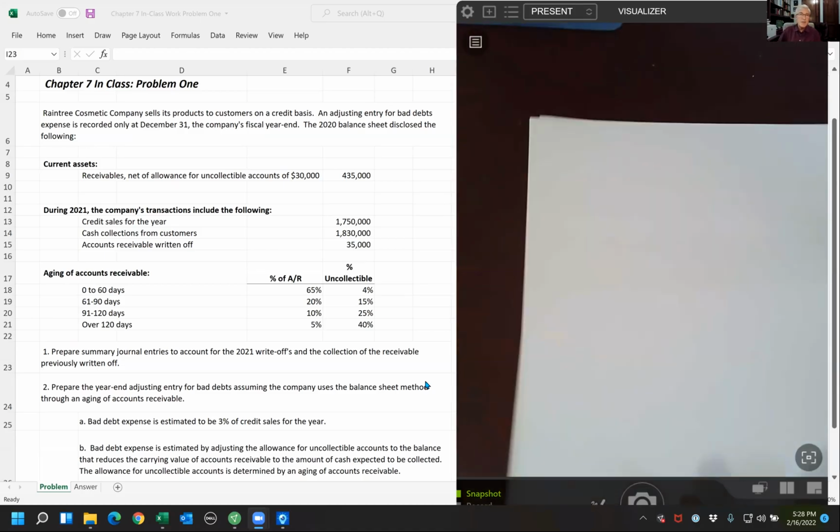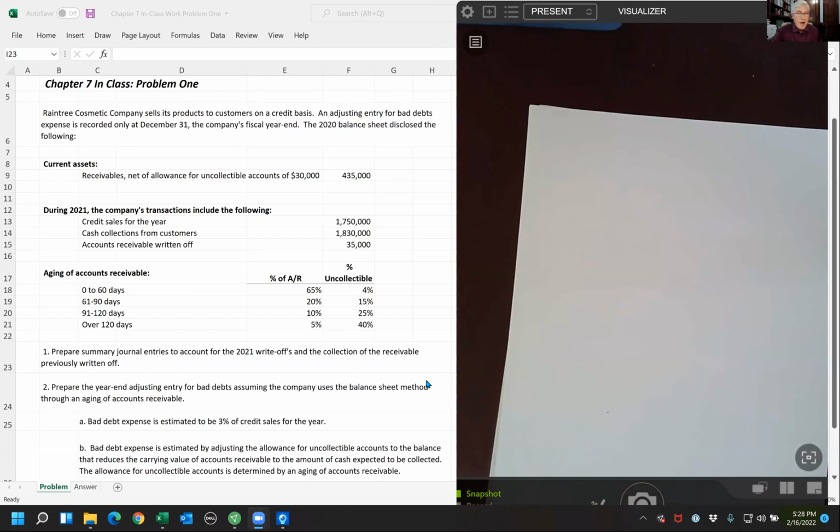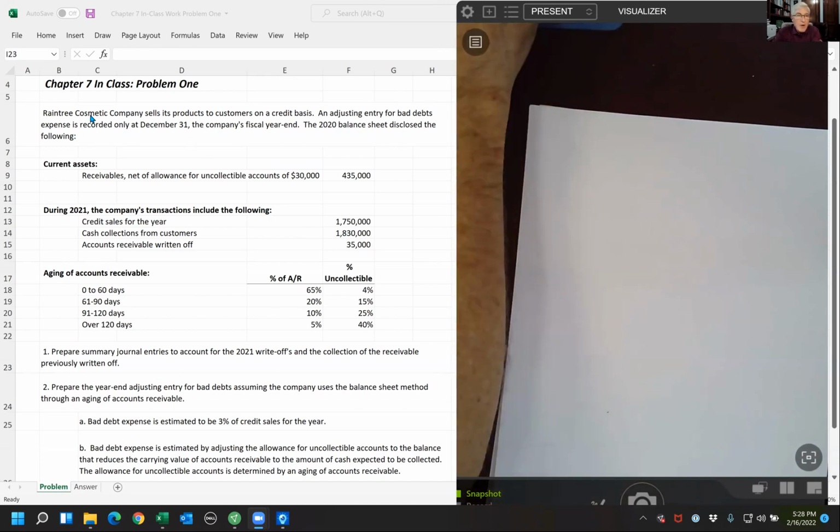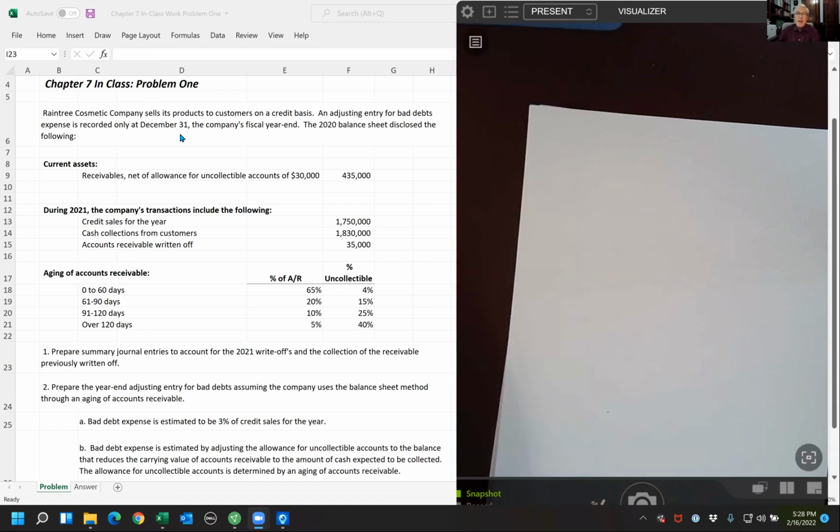So this is in-class problem number 1. The Reentry Cosmetic Company sells products on a credit basis, and this is one thing that's important: they only record the adjusting entry for bad debts one time for the whole year, on December 31st.